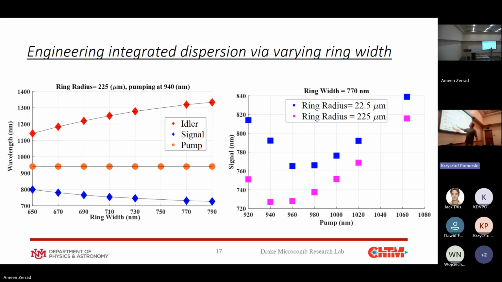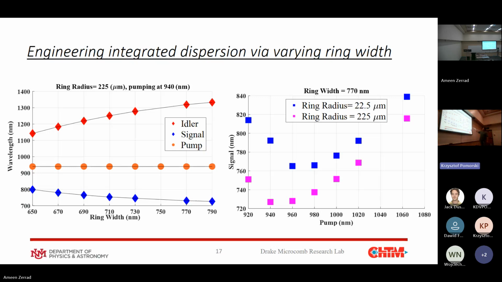And we have idlers that are anywhere between 1100 nanometers to about 1300 nanometers. So it's in the telecom. This is our fine tuning of our signal wavelength, or our idler wavelength, through our choice of ring width. But we have other knobs we can turn.